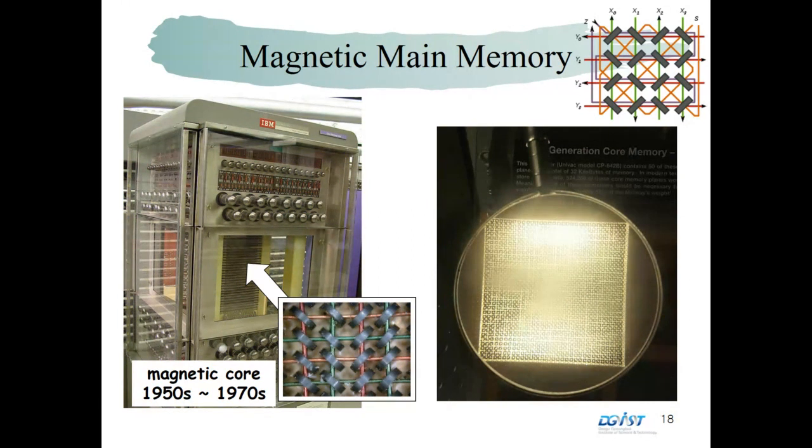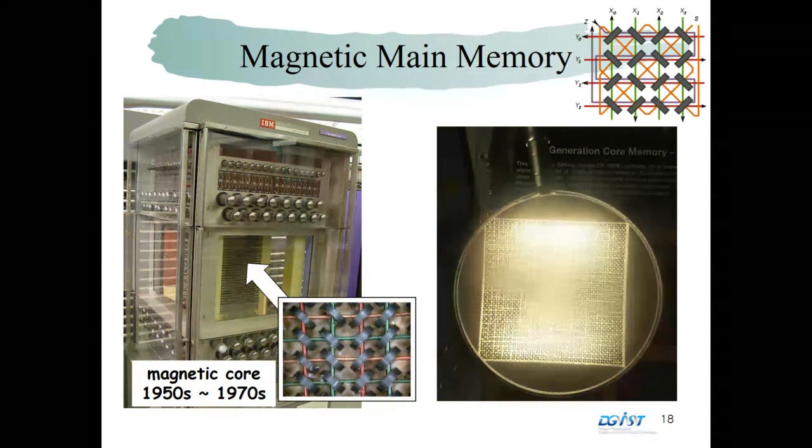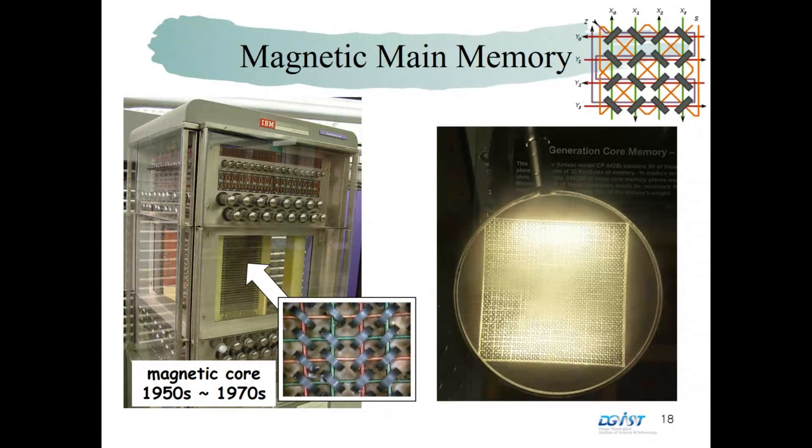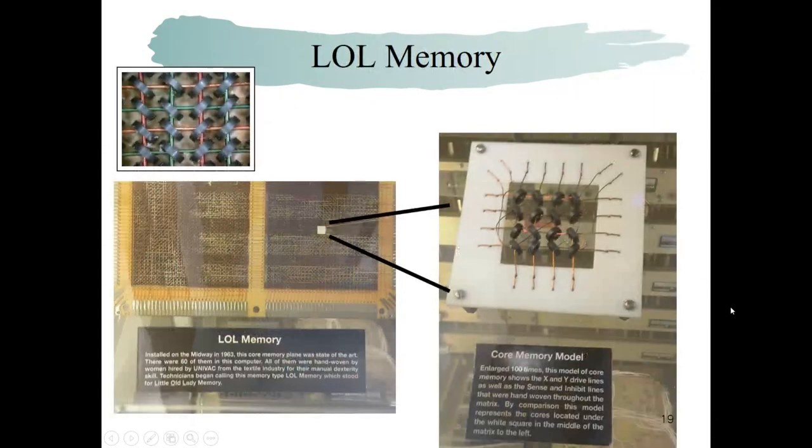We actually need more lines for the write and read. And actually in modern memory like DRAM, there are also some hidden lines I didn't explain. Anyway, we need such kind of arrangement. For example, here, as you see, there are more lines, not only the perpendicular and the horizontal one.